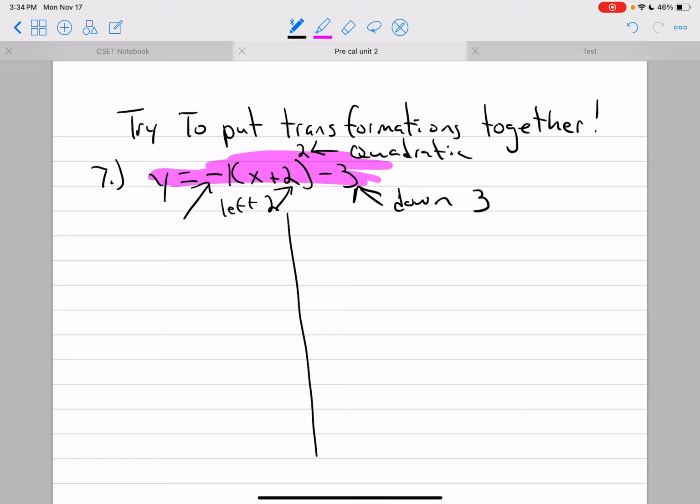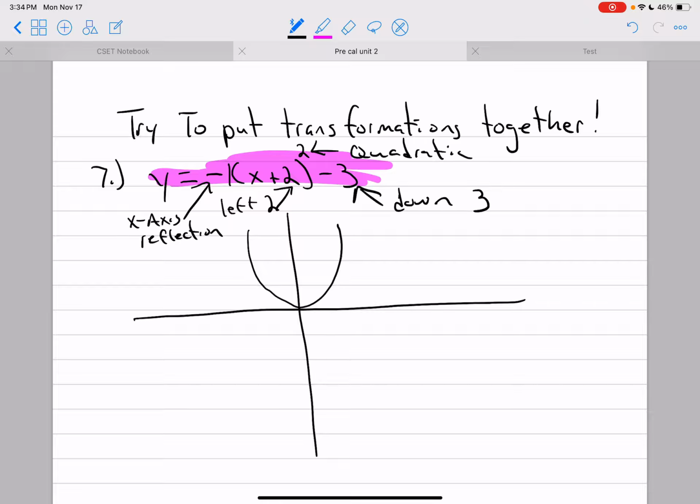And this negative is an x-axis reflection. So let's see. If y equals x squared, looks like this. There's y equals x squared. So I got to go down 3, so 1, 2, 3.